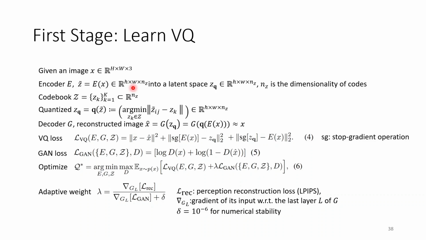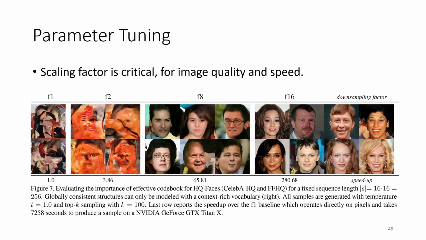F means the capital W divided by the lowercase w. So let's try different scaling factors. For f as 1, it means they use the same resolution. And they try different scaling factors: 1, 2, 8, 16.